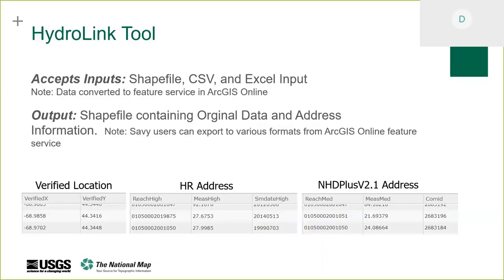When a user is done with the tool, they can then export to a shapefile, but really that data exists in ArcGIS Online, so if you're savvy to using that, you can export the data in a variety of formats or keep it right there in the feature service and hopefully share to the NHI concept that Al mentioned previously. Next slide.